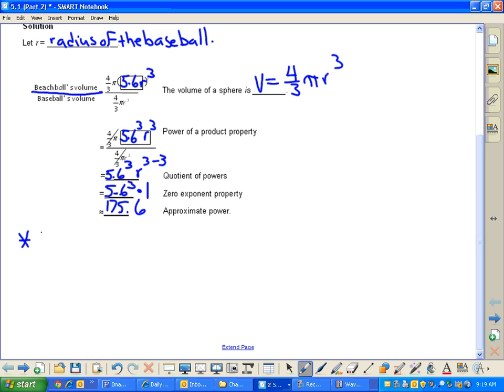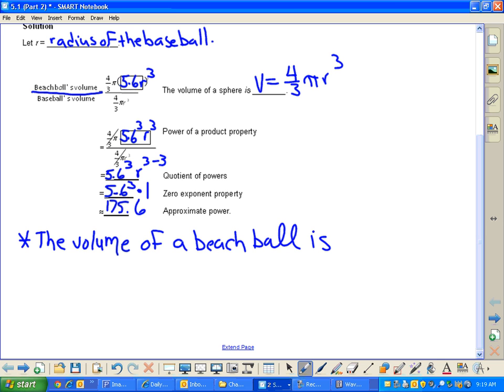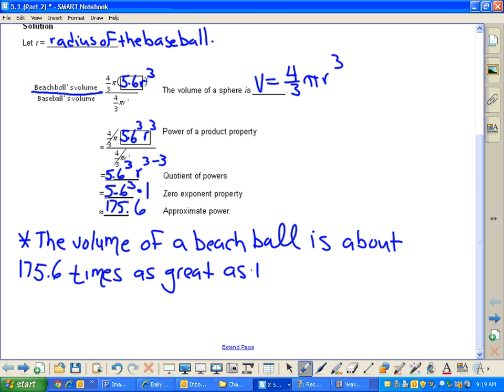So it's safe to say that the volume of a beach ball is about 175.6 times as great as the volume of the baseball.